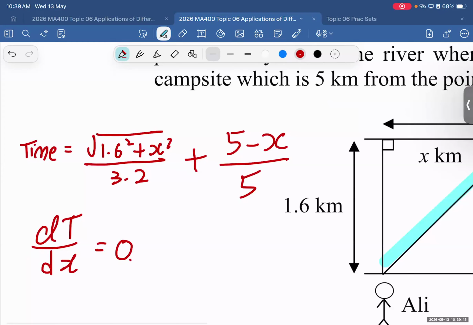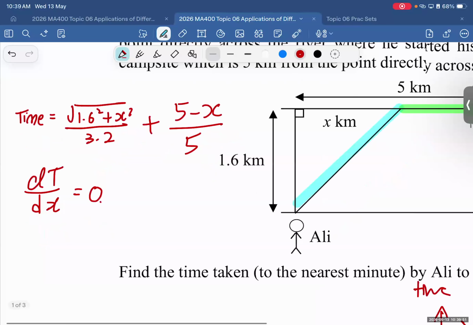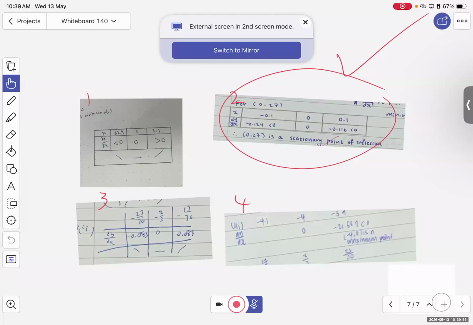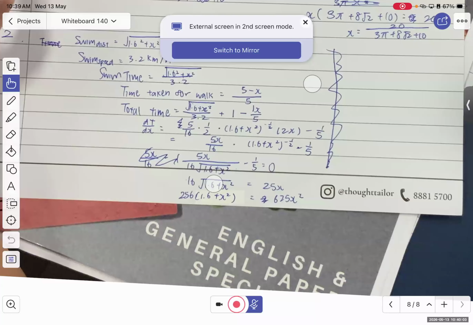So you just expand, put all the x squared to the right hand side. Anyway, let me help you. Let me show you again. So you see, what is 256 times 1.6?